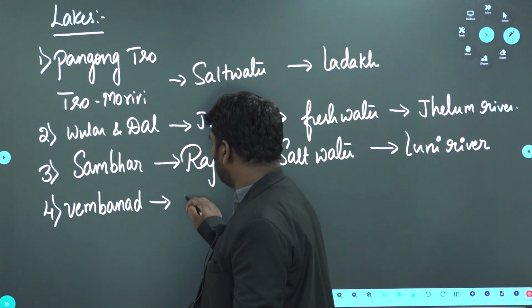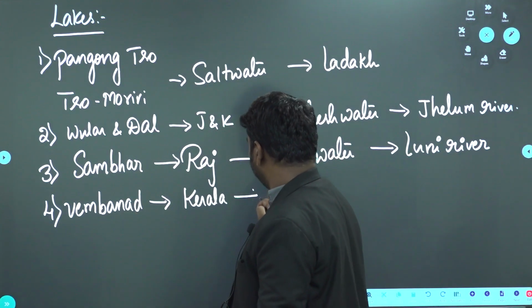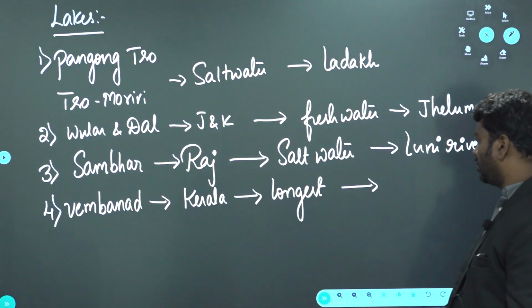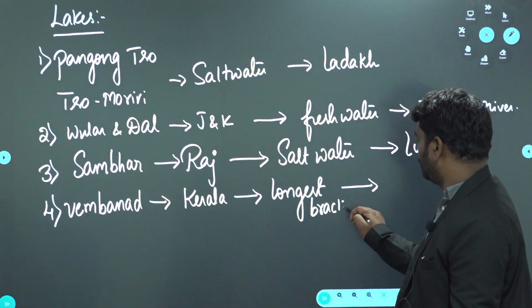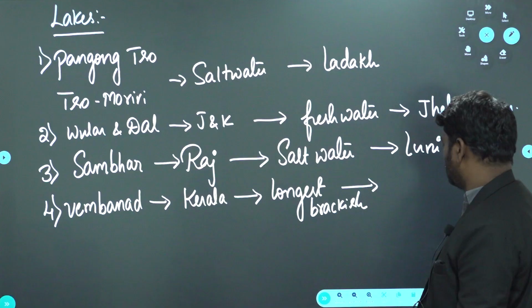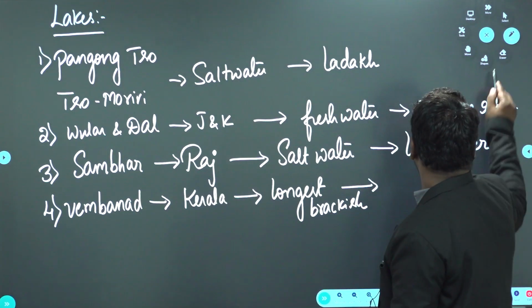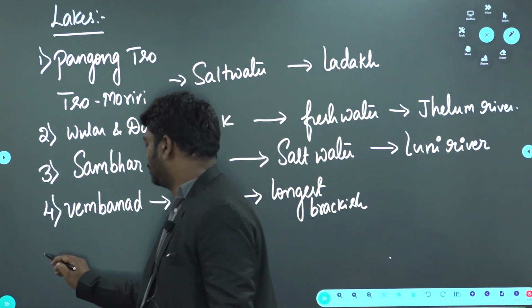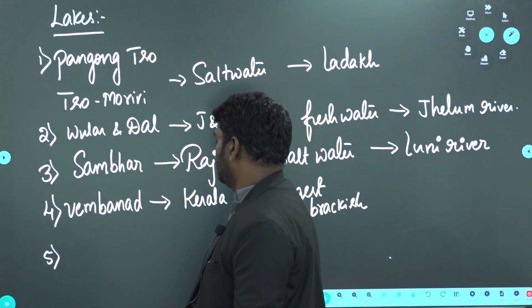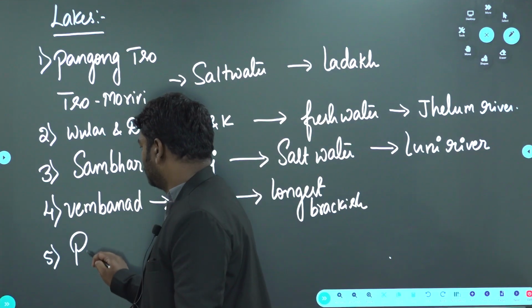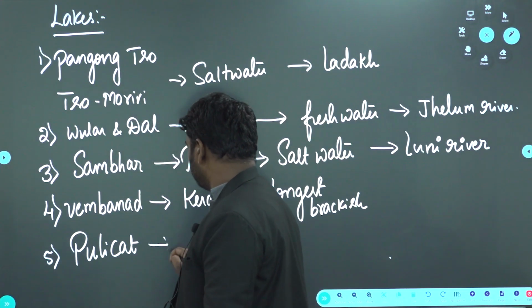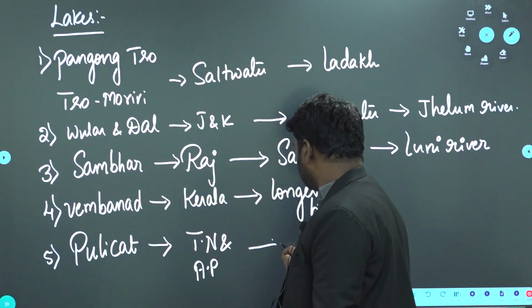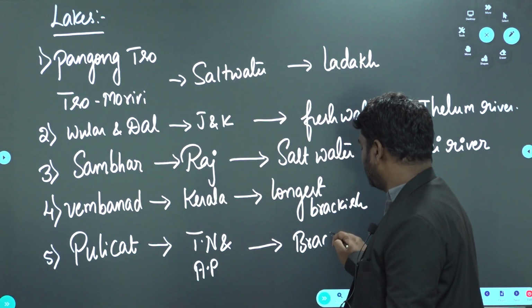Vembanad, Kerala, longest, brackish water. Pulicat Lake, Tamil Nadu and Andhra Pradesh, brackish water lake.